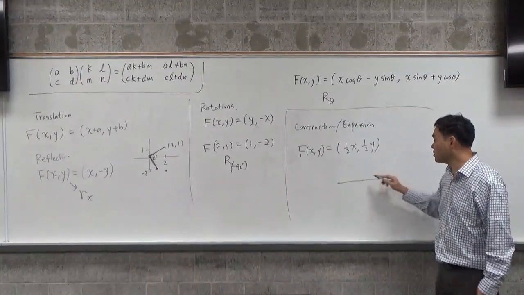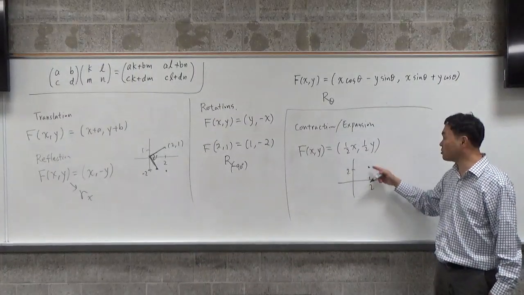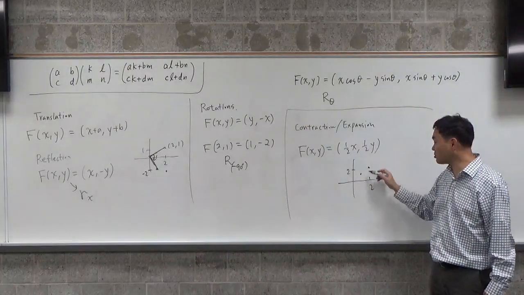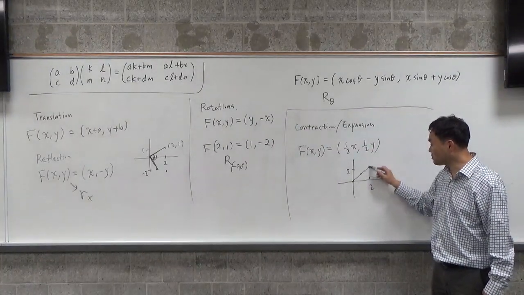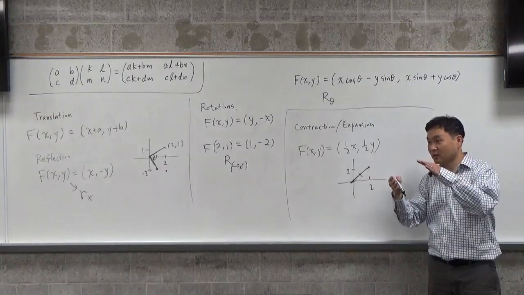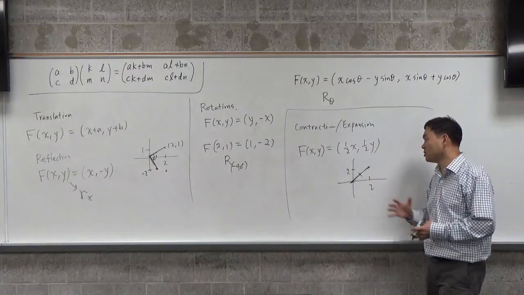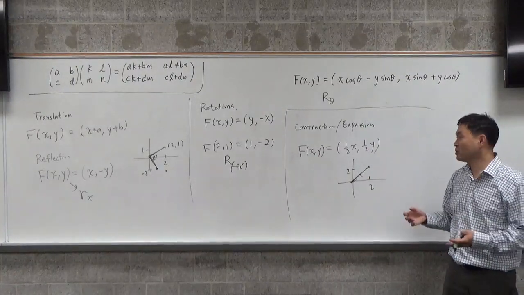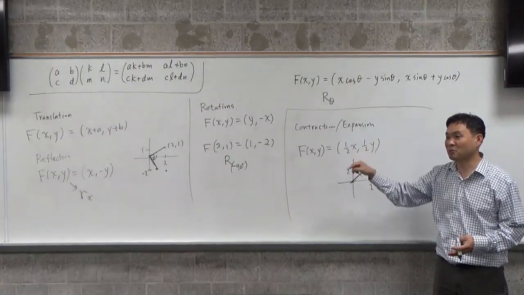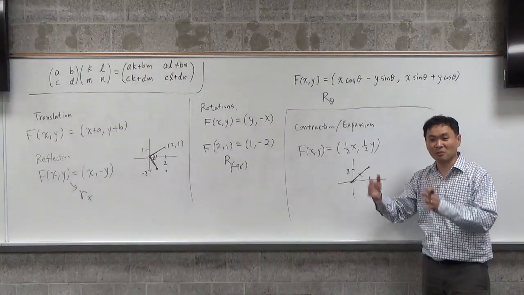So if you have 2 comma 2, this point here, if you put 2 and 2, you end up with 1, 1. So you get 1 comma 1. So with respect to this line that was here, this entire line will be shortened by half. Everything will be shrunk down by half, as if you put this shape in the copy machine and you put 50% and you Xerox it, and then you end up with something that's half size, right?